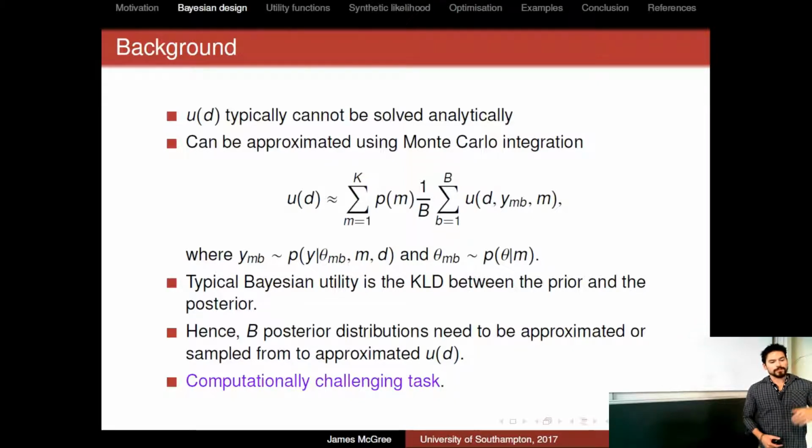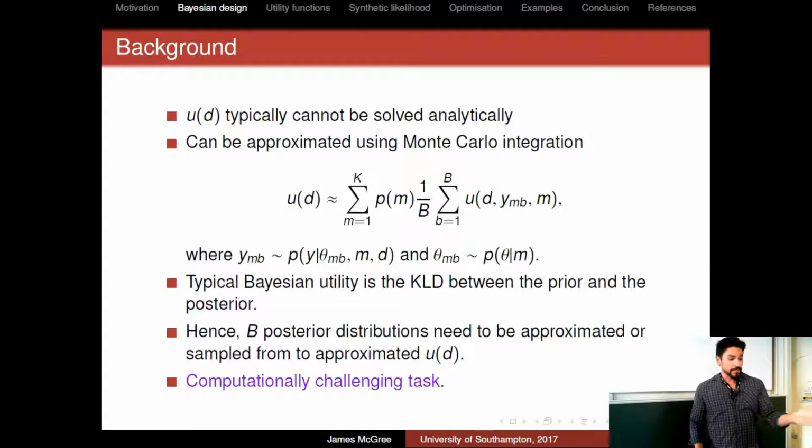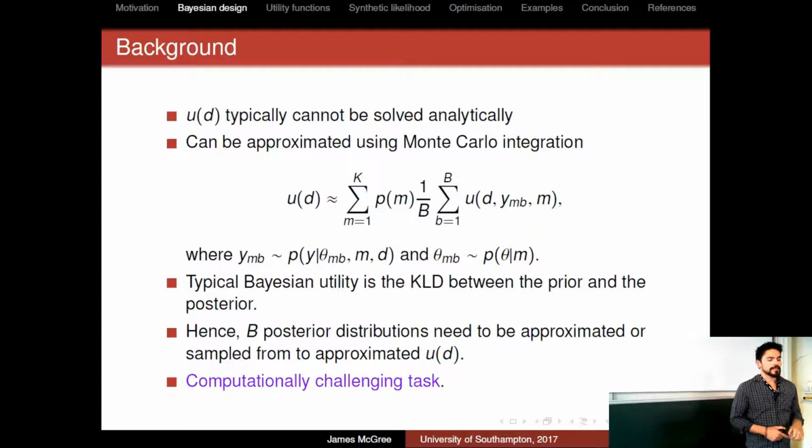And then given those y's, you evaluate your utility a large number of times, capital B, and you do that for each model, capital K. A typical utility function is the Kullback-Leibler distance between the prior and posterior. So to evaluate this approximation, we need to evaluate capital B times K posteriors, or we need to sample from them or approximate them, whatever.